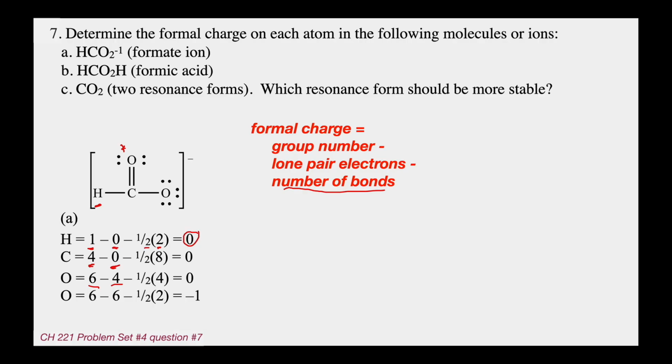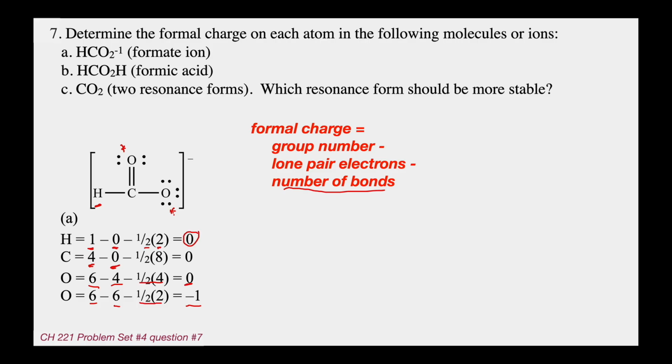We're subtracting all the lone pair electrons, and then minus 2 bonds, or minus 1/2 of 4, either way, formal charge of 0. And now the oxygen with the single bond, group number of oxygen still 6, subtract the 6 lone pair electrons, minus 1 bond, or minus 1/2 of 2, either way, formal charge -1.